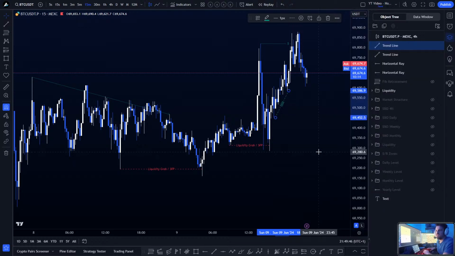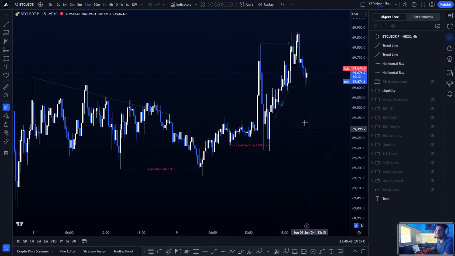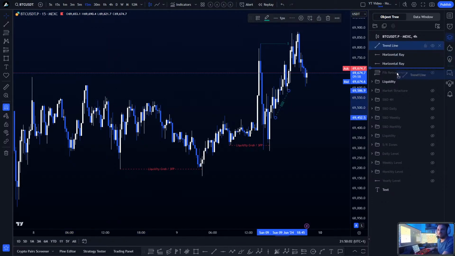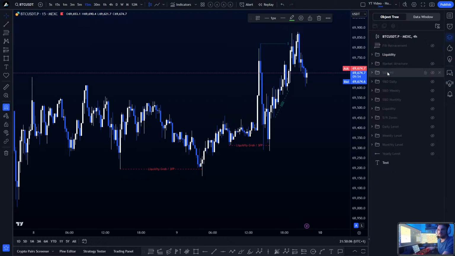This is usually an easy target, right? So if we start going down, this is just like first TPs, you know, the easy TPs. I'm gonna delete this one. Every time you see liquidity curves like that, probably bad.